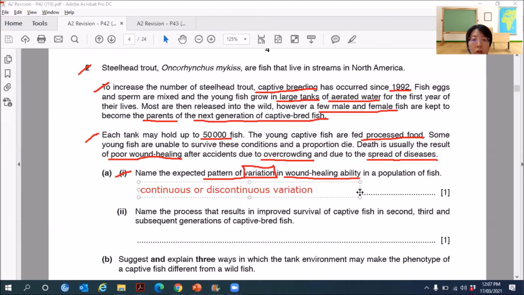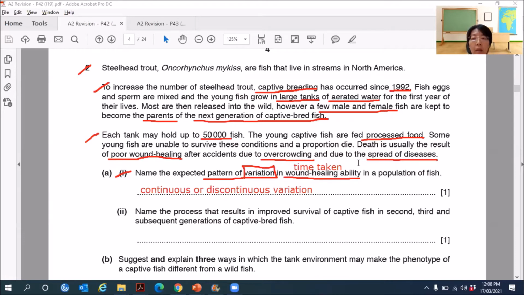This is a variation in wound healing ability. When you want to measure wound healing ability, what do you measure? Is it quantitative or qualitative data that you're going to get? Wound healing means usually you look at how long it takes, which is actually the timing. The time taken for the wound to heal.